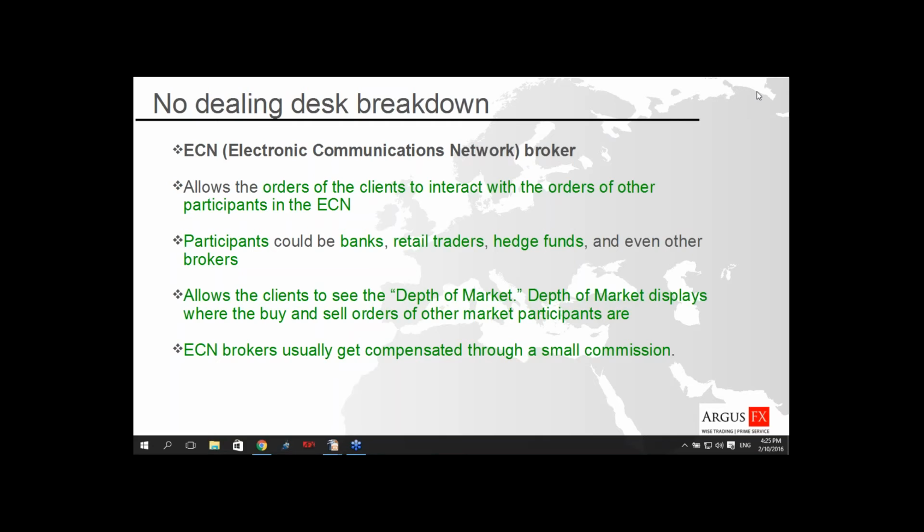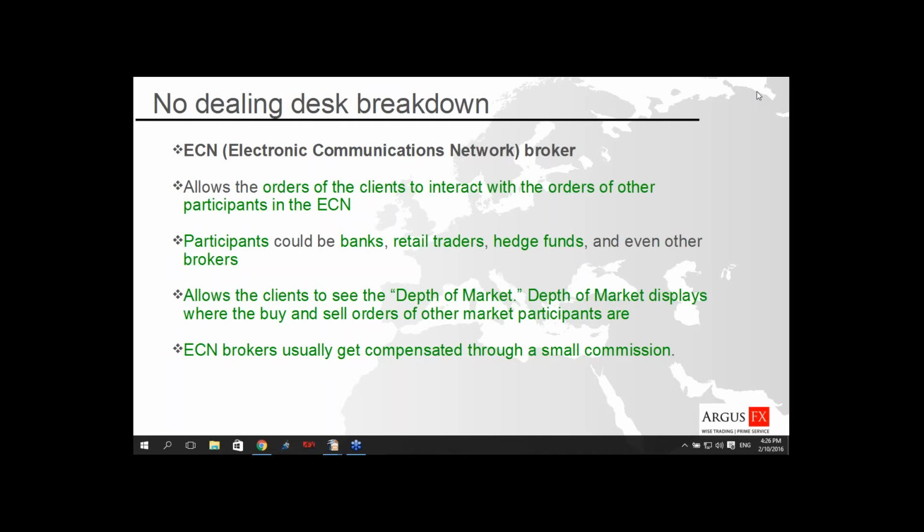And an ECN broker allows the clients to see the depth of the market. It's very critical. Open book. These are my liquidity providers, from which I get my bid and my ask price, which are shown on my platform.